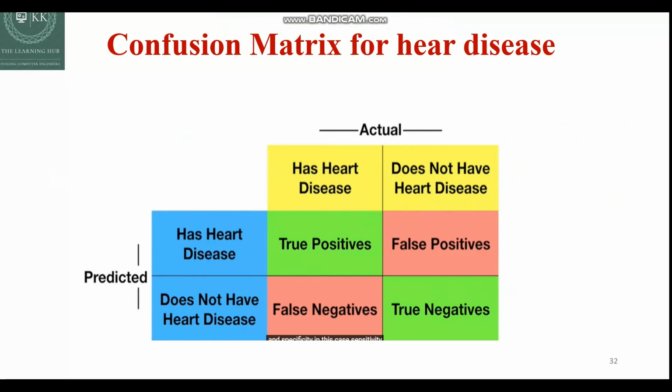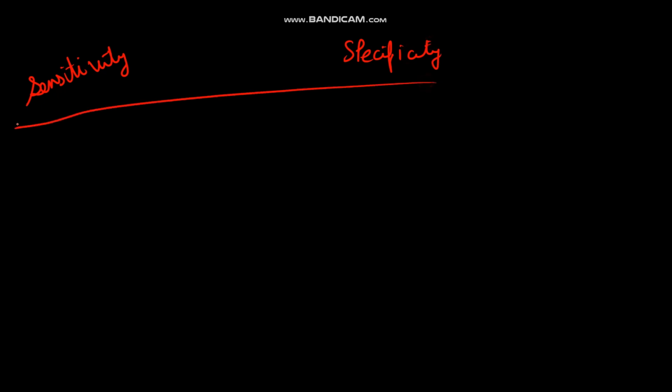So let's understand all these things with the help of an example. But before proceeding further, let's discuss the important terminology of sensitivity and specificity, which are important terms to understand.